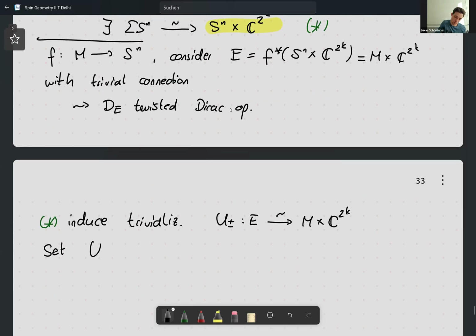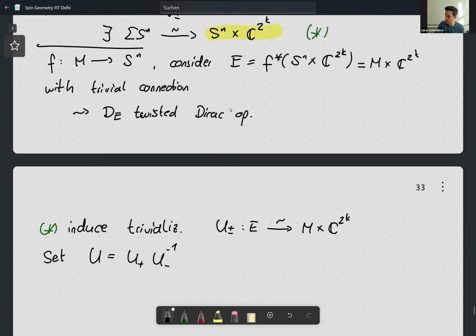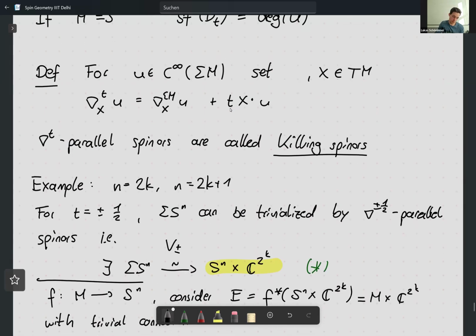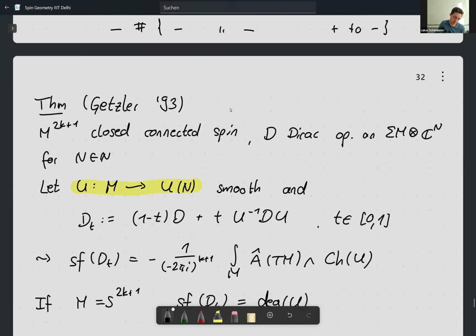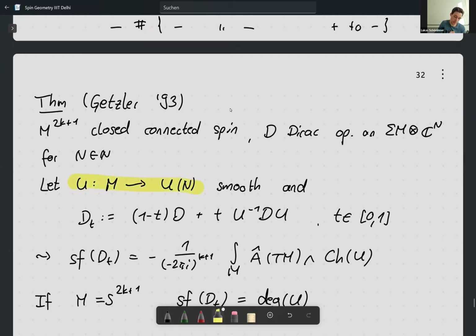And we set U as follows: from the trivial bundle, we go back to the spinor bundle and then again to the trivialization. And this we can consider as a map into the unitary matrices on C^{2k}. So that's the unitary map that's appearing here.